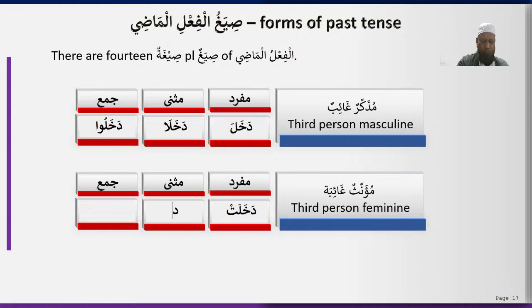And the muthanna, dakhala, that is the muannas form, and we add alif, and alif demands fatha before it. So we have put a fatha, then alif.